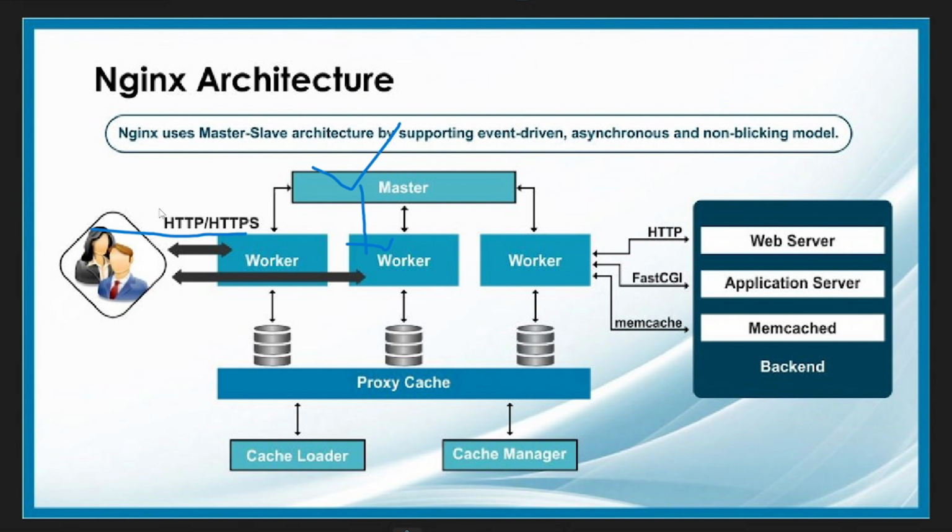Whenever we make a request to access any resource or any web service, there must be an Nginx to handle it. So when a client makes a request from a browser, it goes to Nginx first. If you have already installed and configured it, the actual responsibility of the master process is that it manages worker processes.